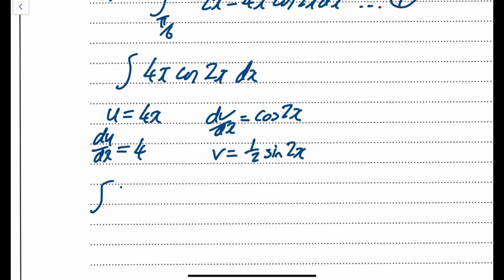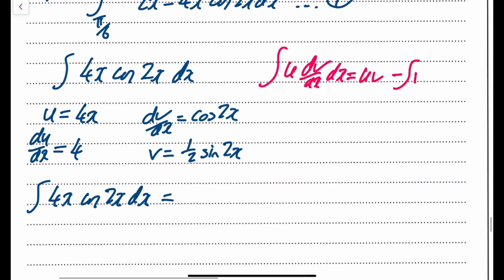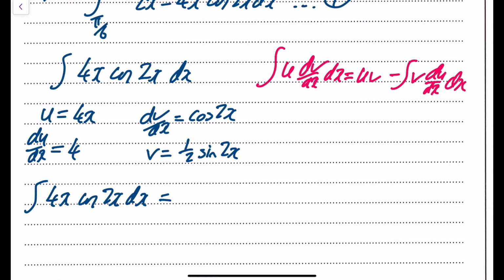That means the integral of 4x cos 2x dx is equal to, where this comes from by the way, the integral of u dv by dx, integrated with respect to x, is uv minus the integral of v du by dx. So that's your integration by parts formula. So if we look at our integral, it's going to be uv, so that's 4x times a half sine 2x.